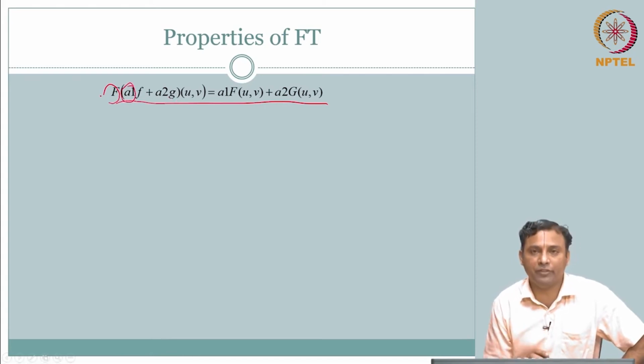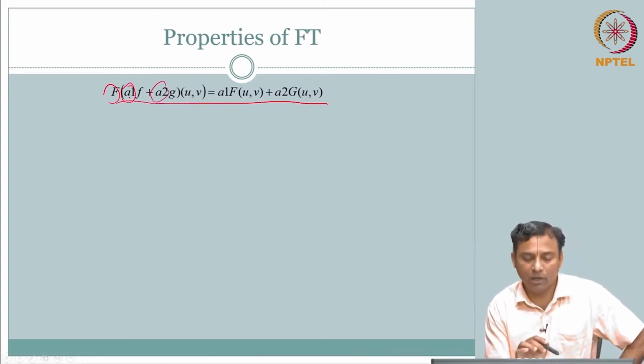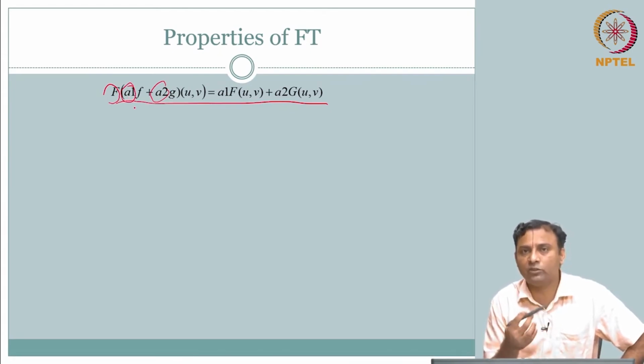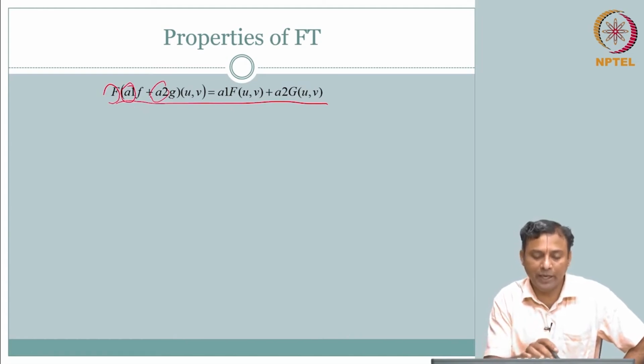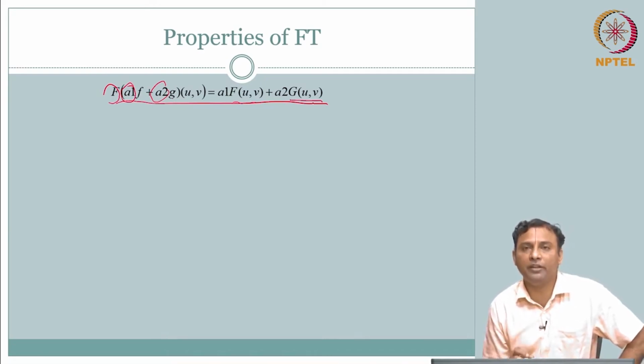I take the Fourier transform of the sum of these two signals, weighted by a1 and a2 respectively: a1 f of x comma y plus a2 g of x comma y. That is equal to a1 F of u comma v plus a2 G of u comma v. The Fourier transform of f of x comma y is F of u comma v, and the Fourier transform of g of x comma y is G of u comma v.